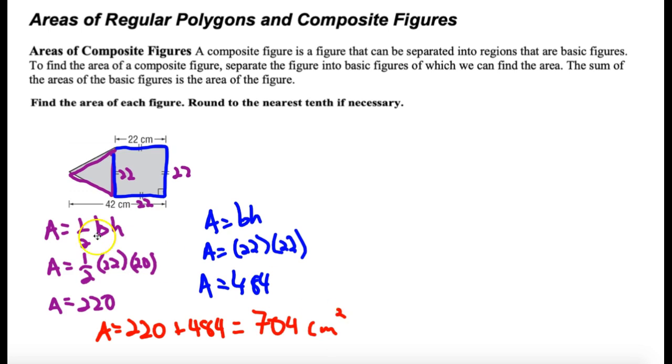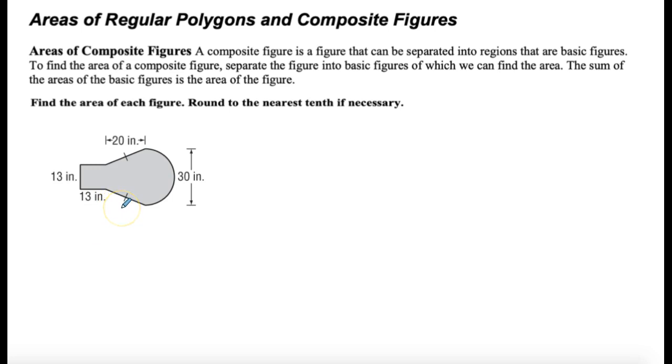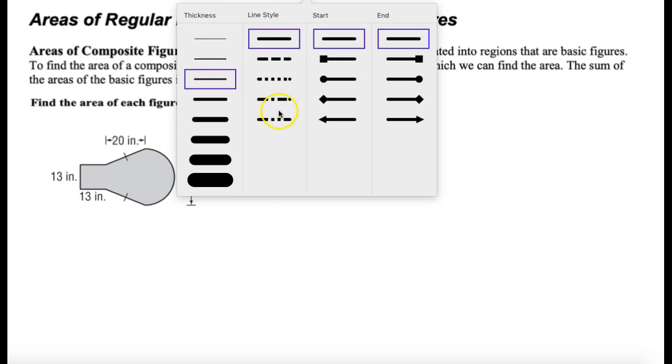All right, let's try a couple more. On this one, it's not already split up for us. We have to figure out how to split this one up. It actually looks like we're going to have to use 3 figures. So let me draw a dashed line here.